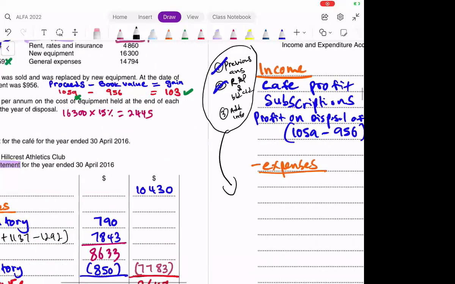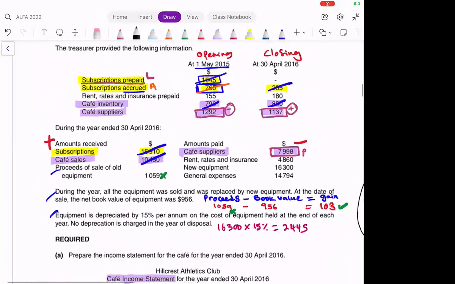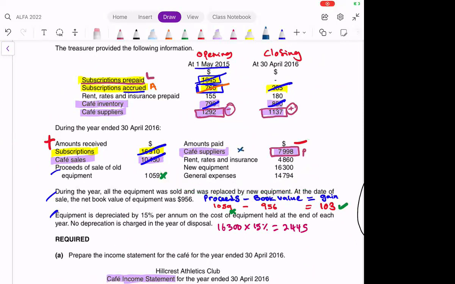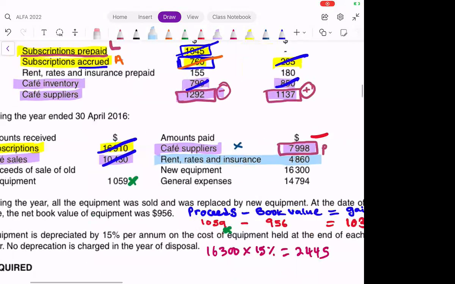Then go to the receipt and payment. In a receipt and payment, expenses mean payment. We see the payment. The first payment is taken care of, so you don't need to care about the first payment. Second payment is rent, rates, and insurance 4860. Rent, rates, insurance is expenses. But do you have anything else related to rent, rates, insurance in the balance BD, balance CD, and also additional information?